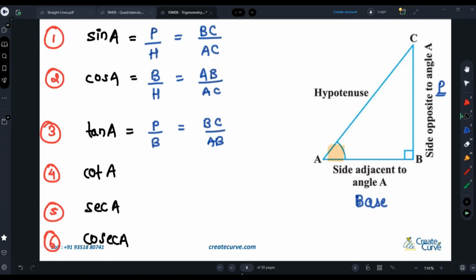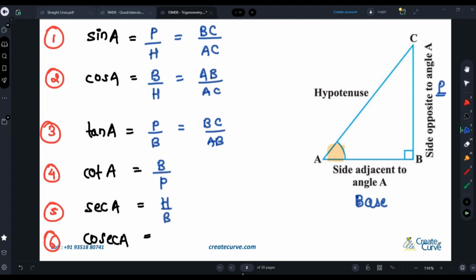Now, very carefully: cot A is just the opposite of tan. So if tan is perpendicular by base, cot will be base over perpendicular. Sec is just the opposite of cos. So if cos is B over H, sec A will be H over B. In the same way, cosec is just the opposite of sine.